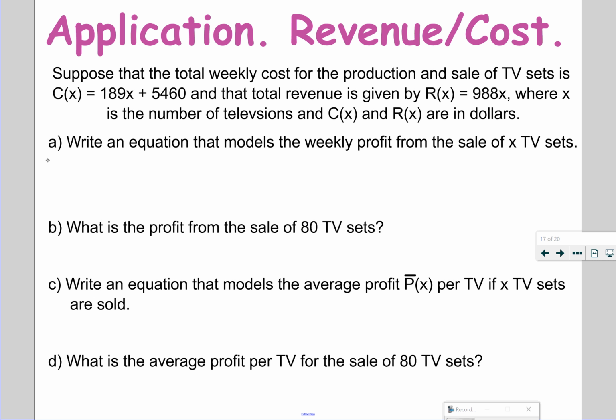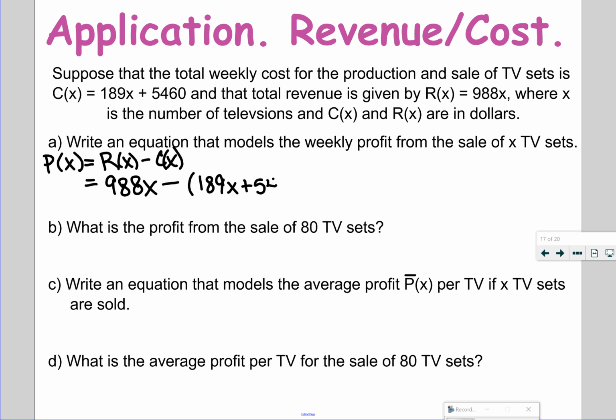So this is a little review from an earlier lesson. Profit is revenue minus cost. So this is actually a combining problem where we have two functions that we're going to subtract from one another. Function R of X is 988X, and function C of X, I'm going to put it in parentheses when I subtract, 189X plus 5,460.